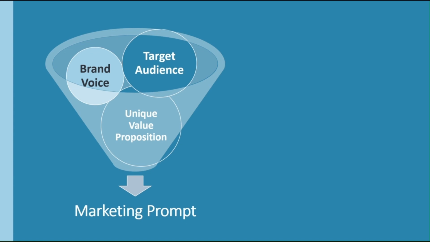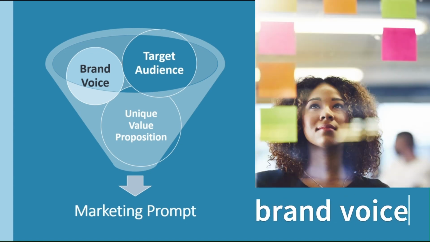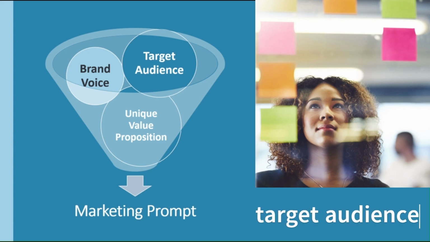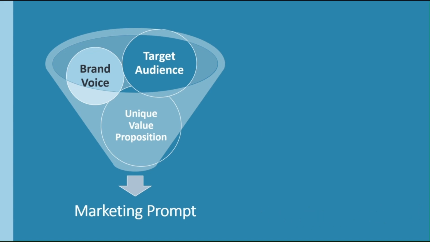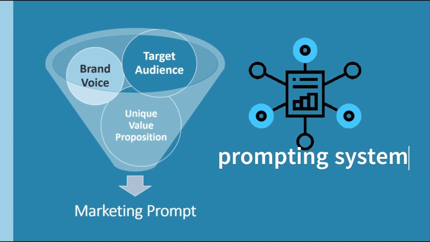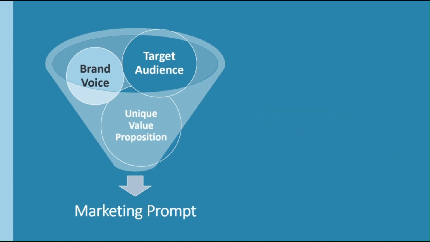But remember, you're creating a template which includes boilerplate information such as brand voice, your target audience, even your unique value proposition. Elements like these can be used over and over again for future prompts. Basically, you're creating a custom prompting system that will become very efficient over time.